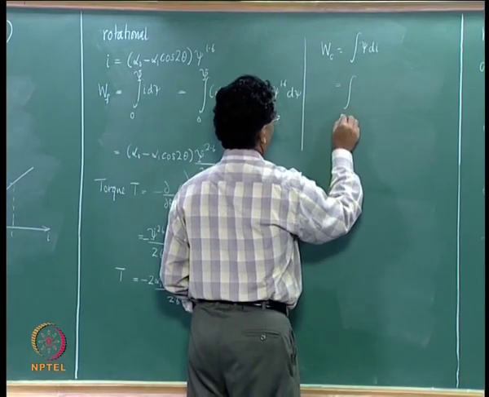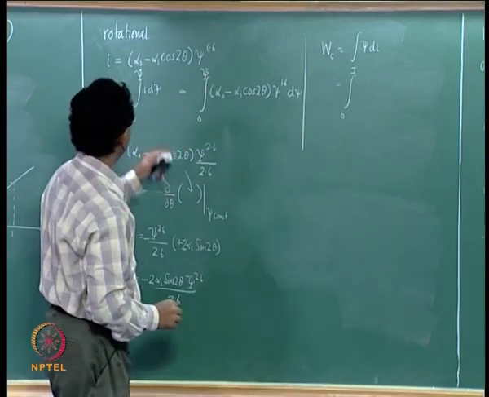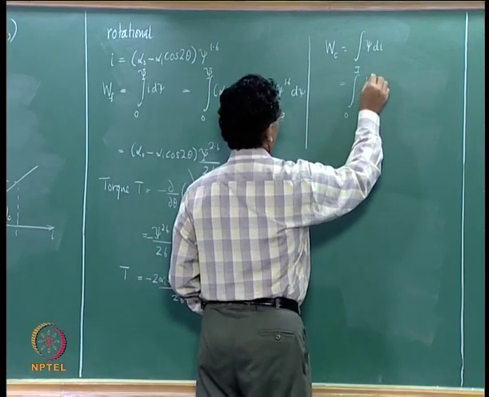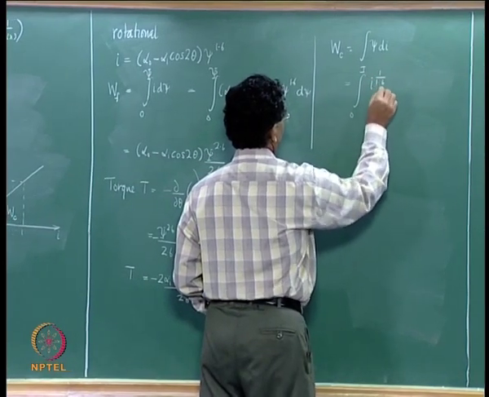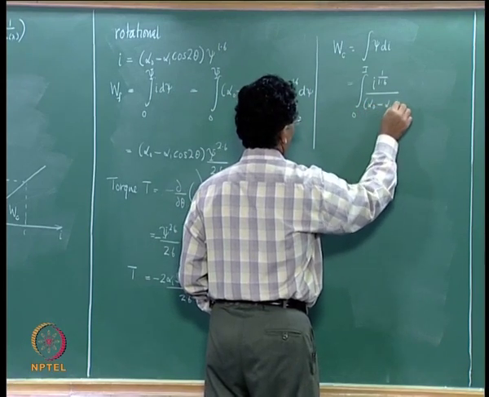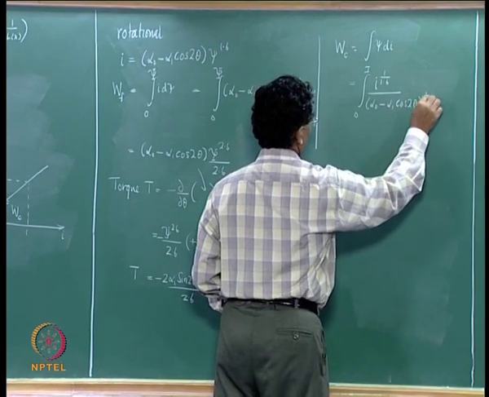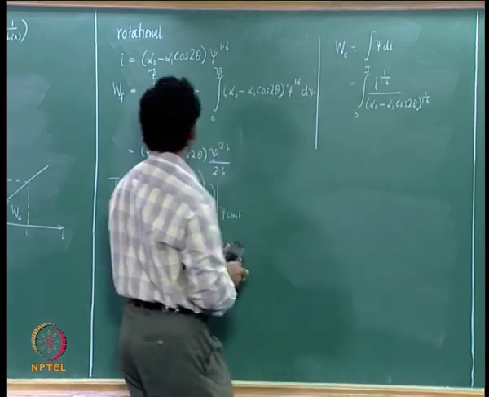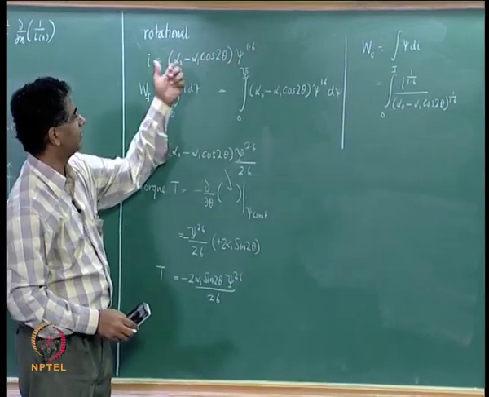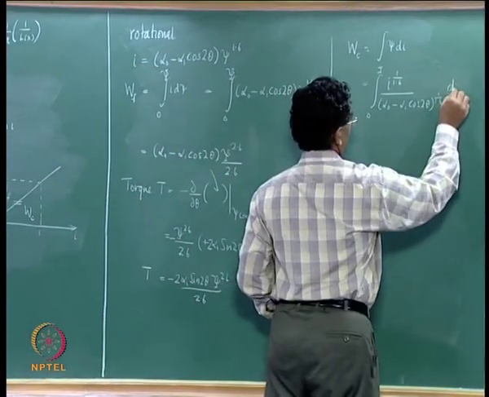This is the integral going from 0 to I. Psi is given by I to the power of 1 by 1.6 divided by alpha naught minus alpha 1 cos 2 theta to the power of 1 by 1.6. That is, we are converting this expression, writing psi in terms of I, multiplied by di.